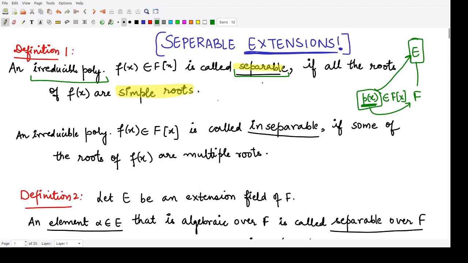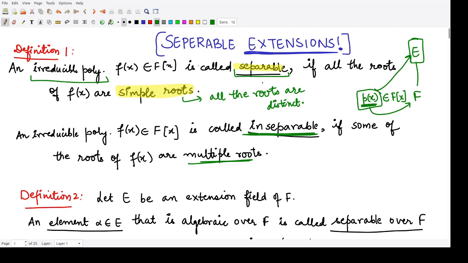That means they occur only once in that polynomial. So simple roots means all the roots are distinct in nature. We call an irreducible polynomial inseparable whenever it has multiple roots. That is obvious from this definition.